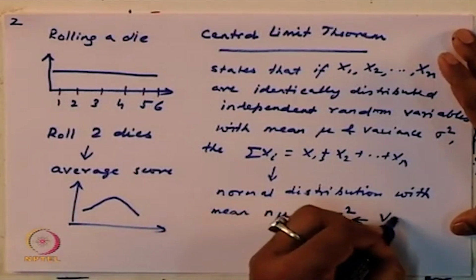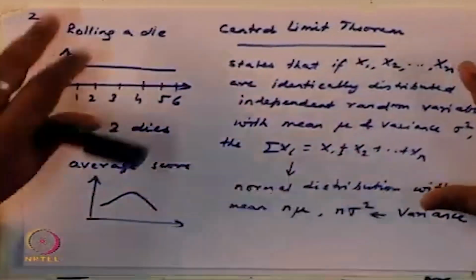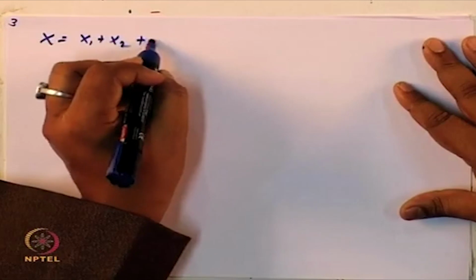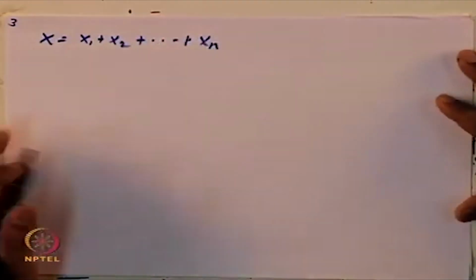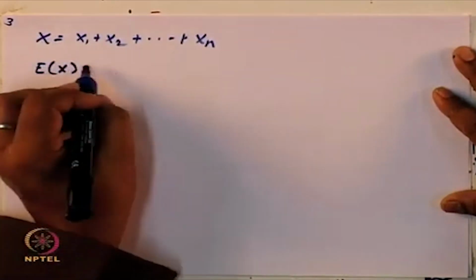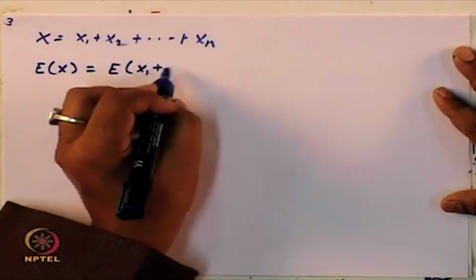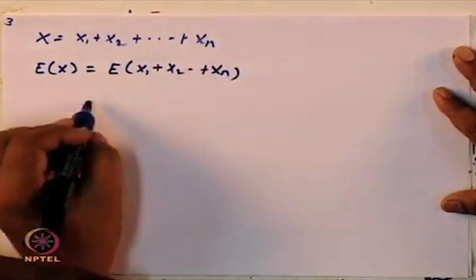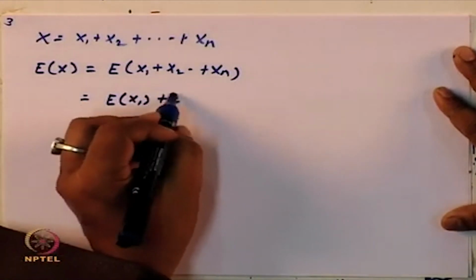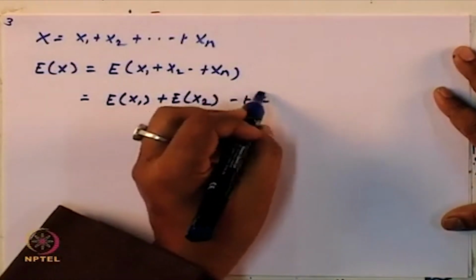This is very easy to prove. I can write x as x1 plus x2 plus ... plus xn. Since each of these variables is independent, the expectation of x is E of x1 plus x2 plus ... plus xn, and because they are independent, we can break it down into E of x1 plus E of x2, and so on, plus E of xn.